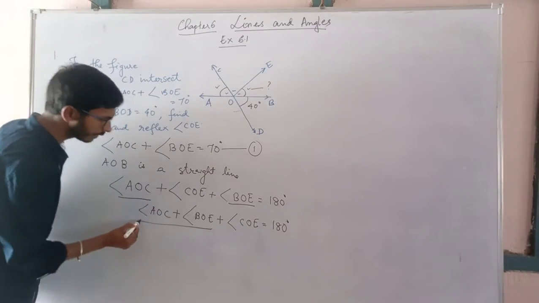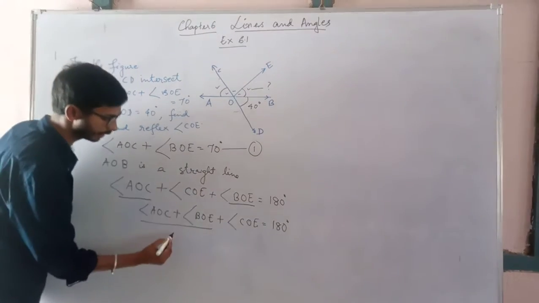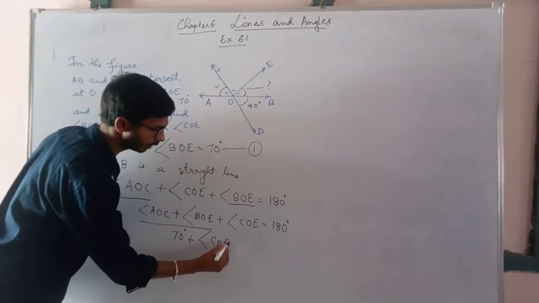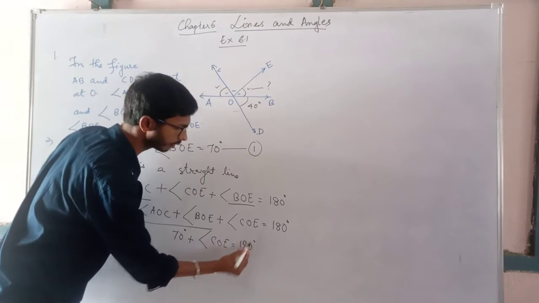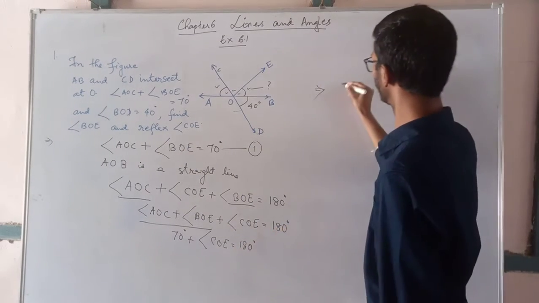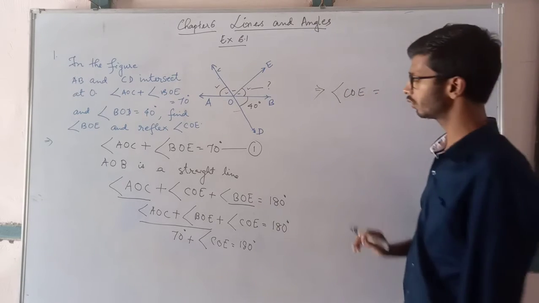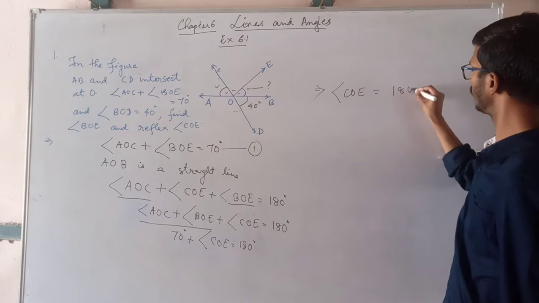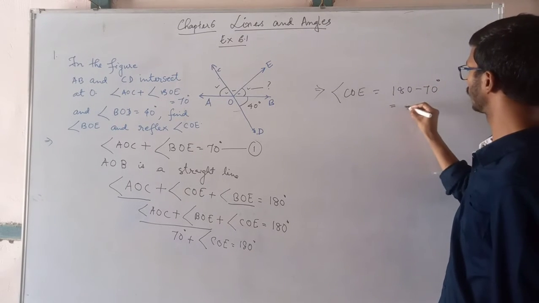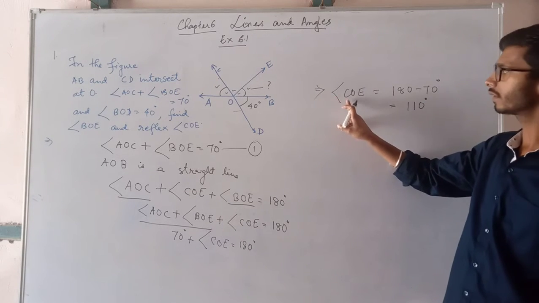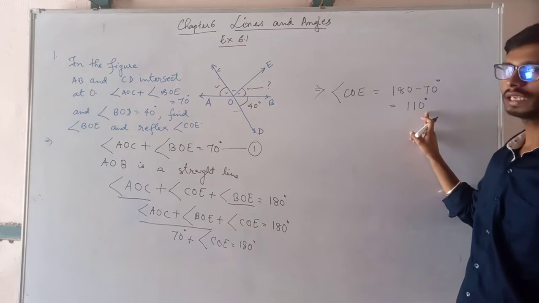Now we can replace this value by equation number 1, that is 70 degree. So 70 degree plus angle COE is equal to 180 degree. So angle COE will be equal to, bring the 70 to the right hand side, so it will be 180 minus 70. You will get 110 degree. So we got measure of angle COE as 110.